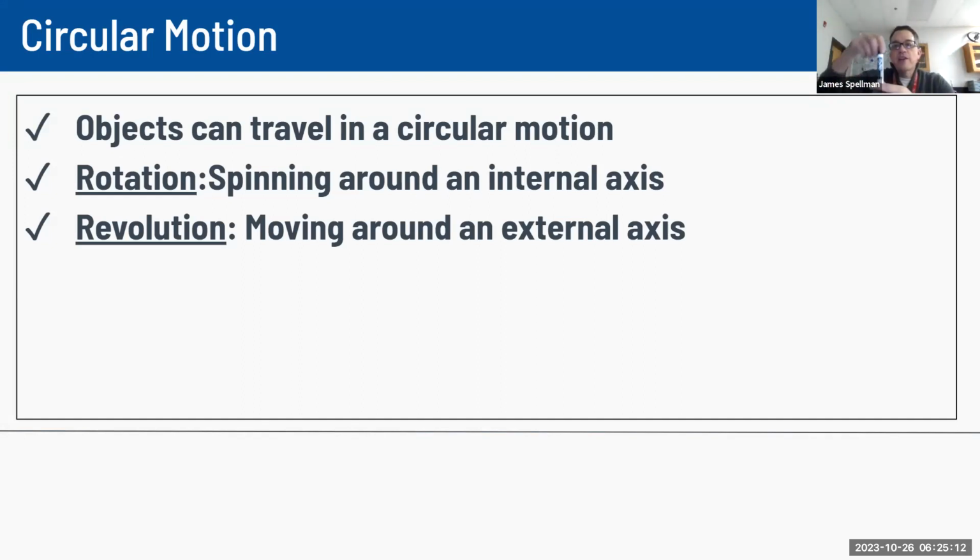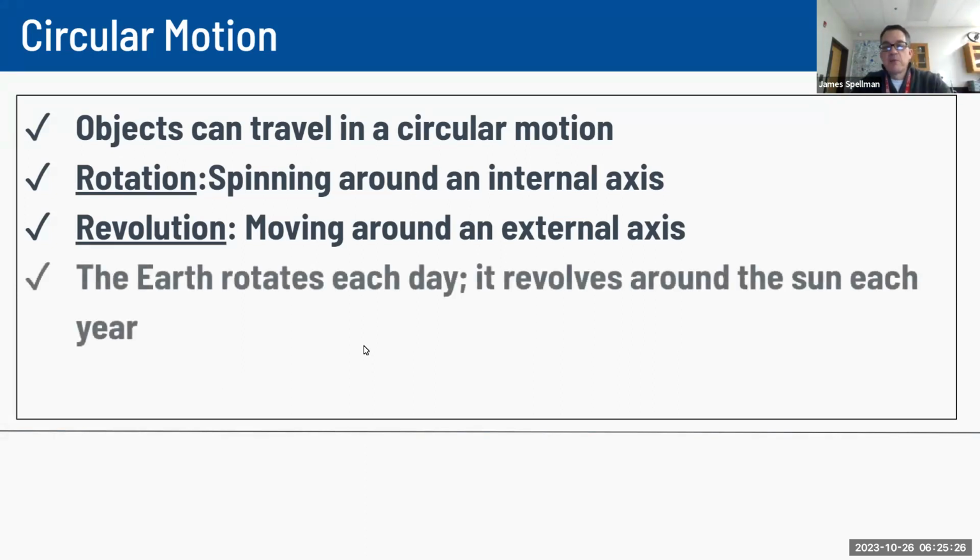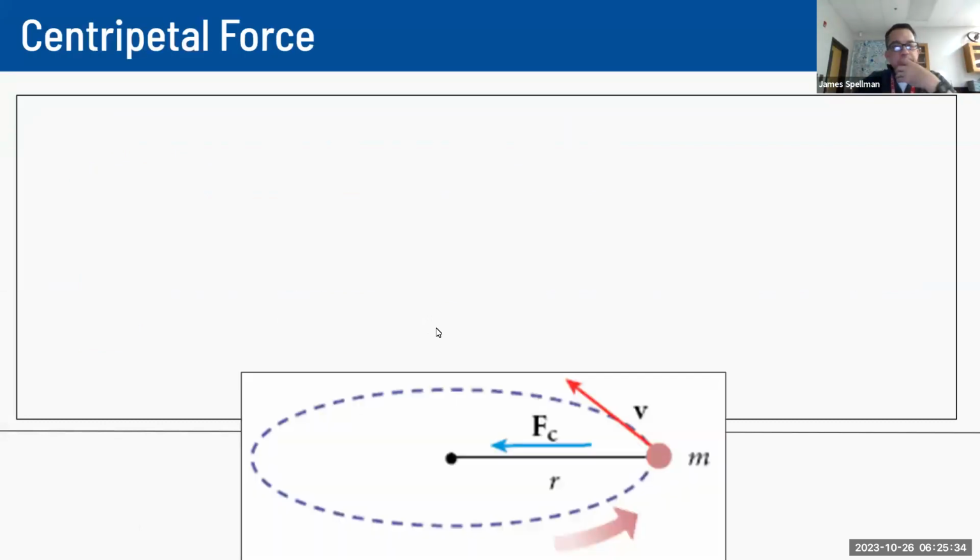You've got the word axis, and the axis is where it's spinning around. If it's rotating, the axis is inside of the object as it's moving. If it's revolving, then the axis is the middle part that it's actually going around. Think about the Earth. The Earth rotates each day when it spins, but it revolves around the sun each year. Both of those are circular motion, and they can be explained in these ways.